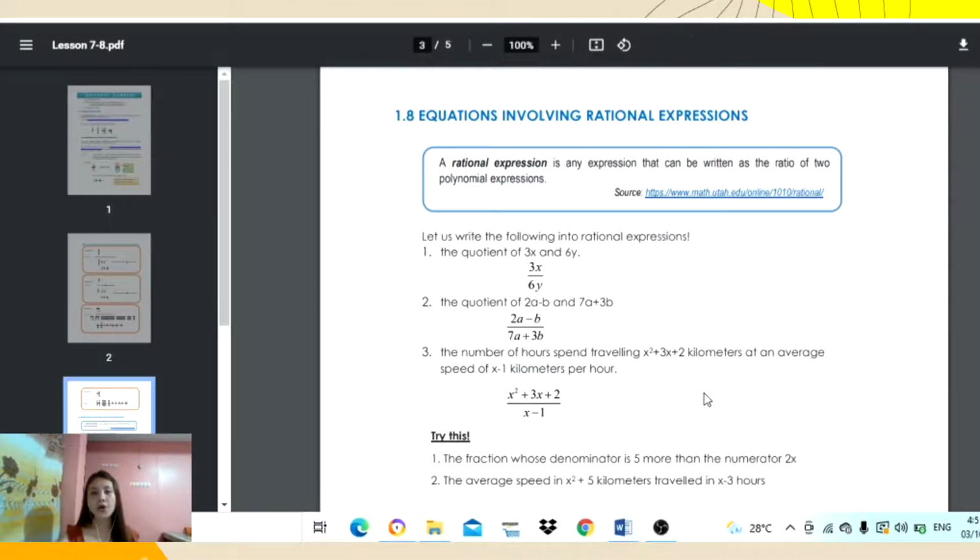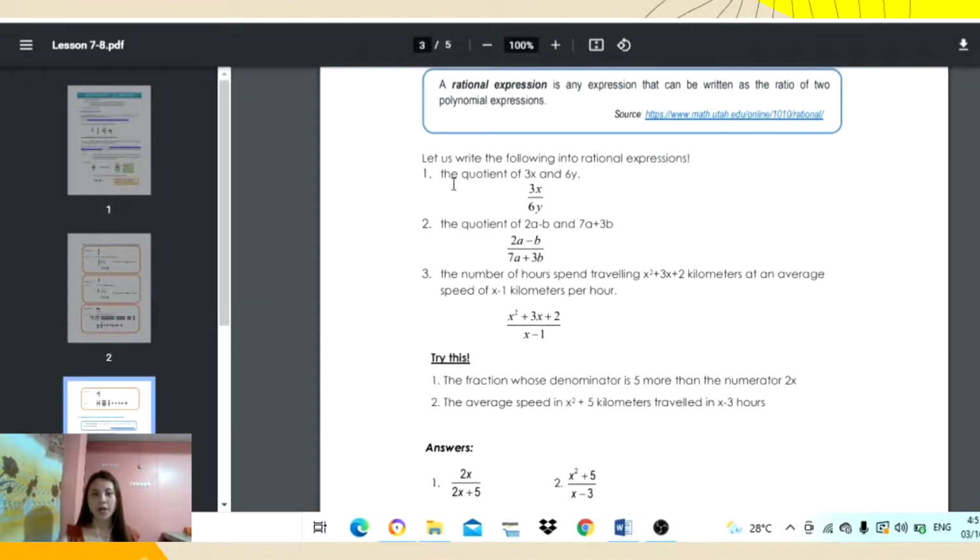statements into rational expressions. We have here first the quotient of 3x and 6y.